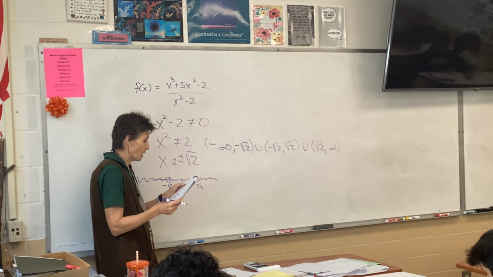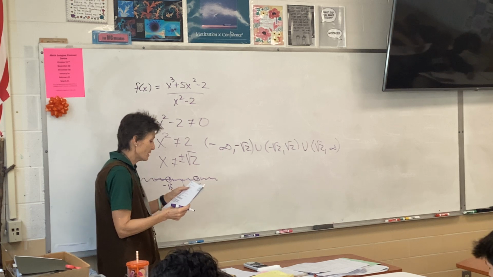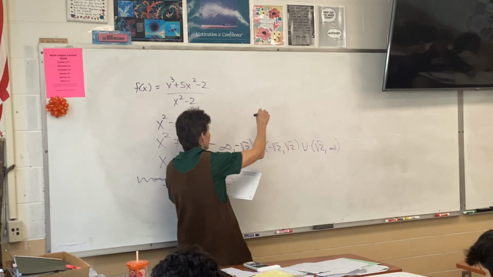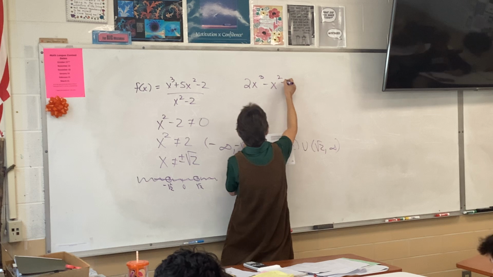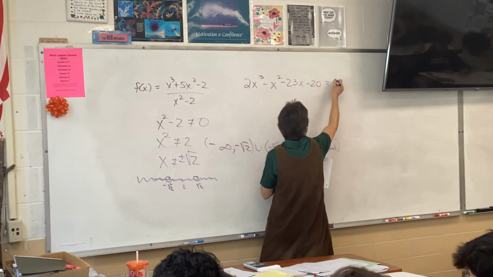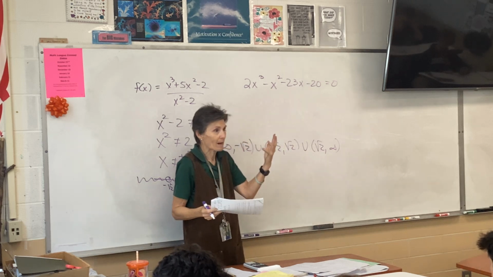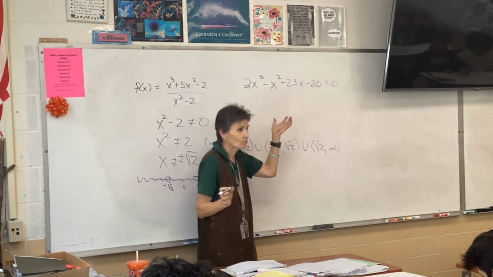Find the zeros. Okay. All right. Good practice. Find the zeros. How do I do that? Well, grouping would be a great thing to think about. But after you look at it for a minute, you see it doesn't group.